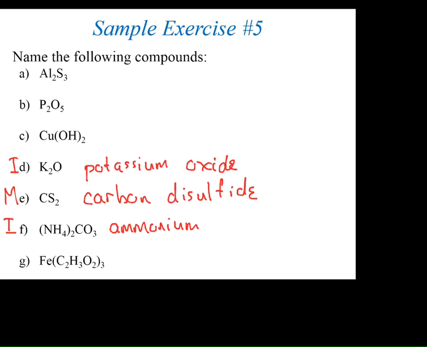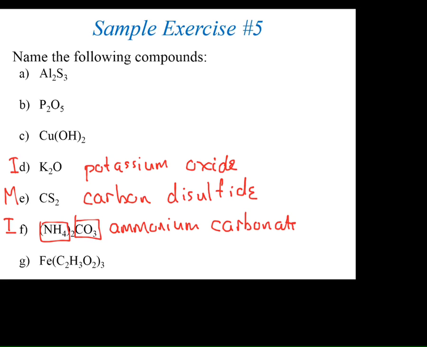And what's CO3? Carbonate. It's ionic, so no mono, di, tri, or anything, just ammonium and then carbonate. Just name the cation, name the anion. You don't use mono, di, tri, whatever, that's for molecular ones.